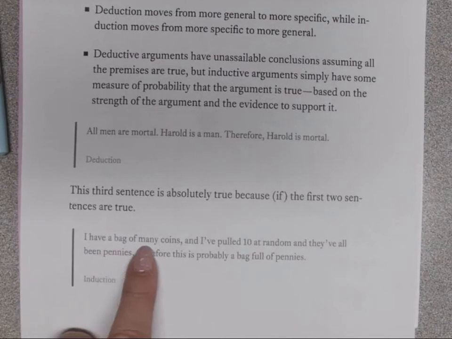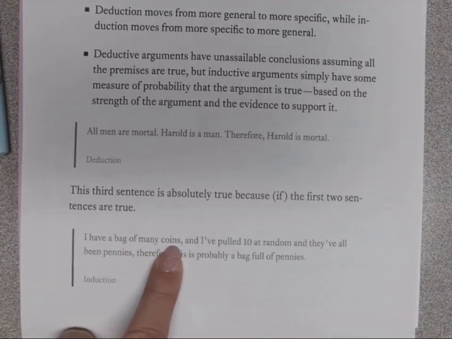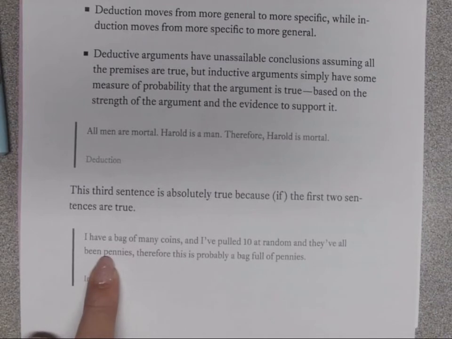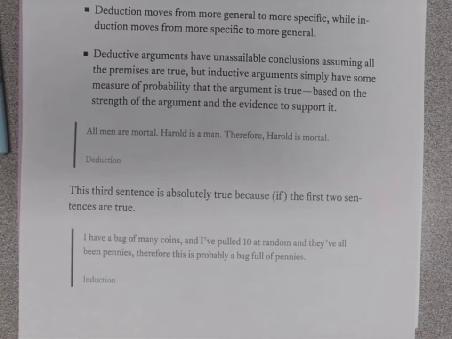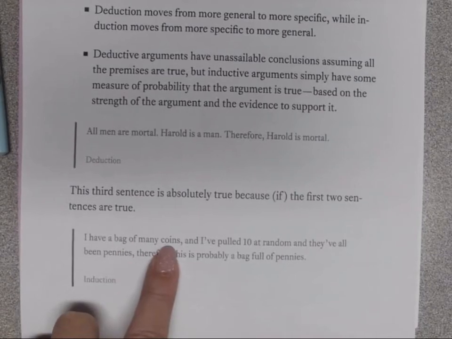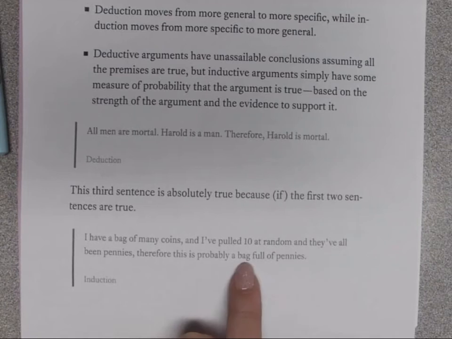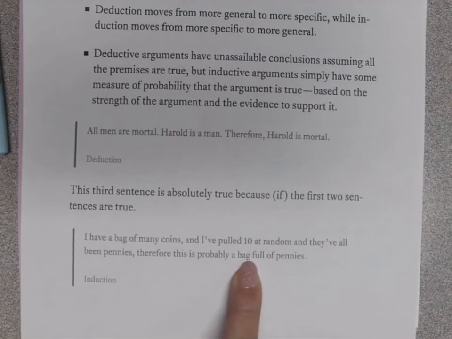I have a bag of many coins. I've pulled out 10 at random, and they've all been pennies. Therefore, this is probably a bag full of pennies. So if you have a bag of coins and you pulled out 10 at random and they've all been pennies, you're concluding that it's a whole bag full of pennies. But is that necessarily true? Not sure. You could have one nickel down in the bottom.